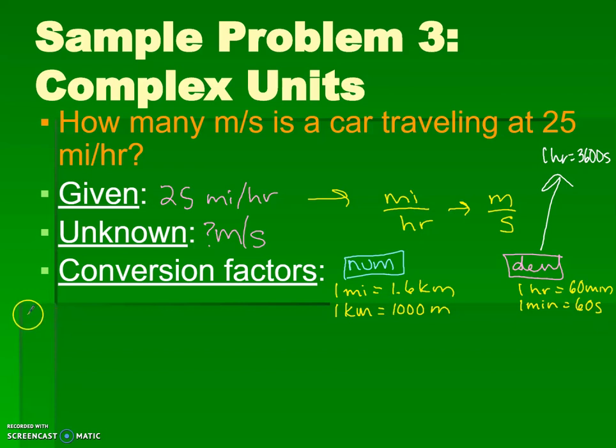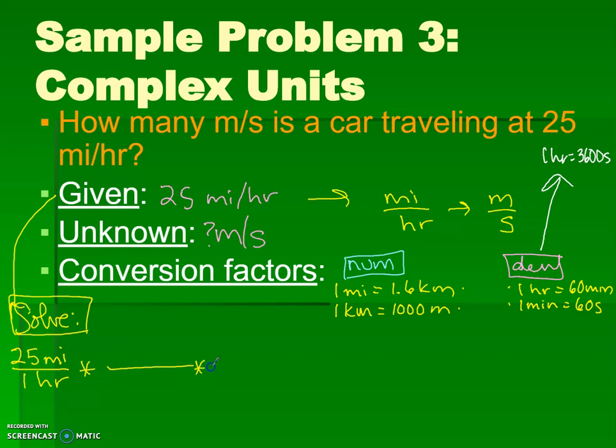And then we solve. When we solve, just like every other time, you take your given, you start with that, 25 miles per hour, which is the same as per 1 hour. I have 1, 2, 3, 4 conversion factors, so I'm going to use 4 dimensions.